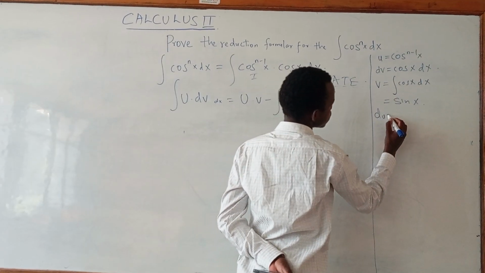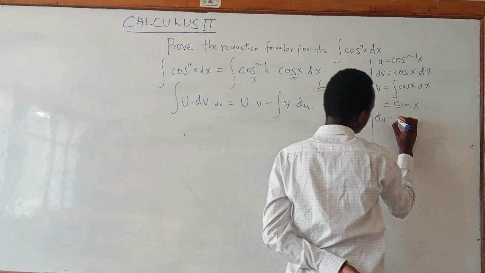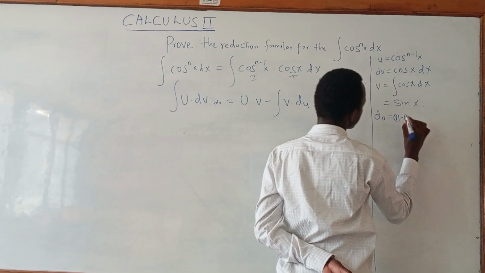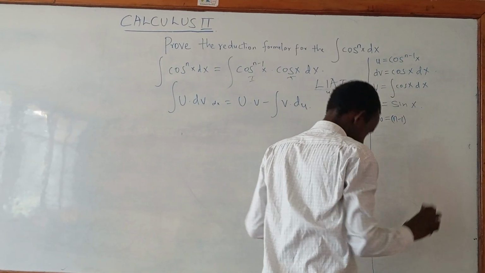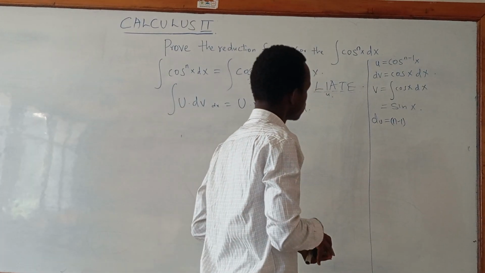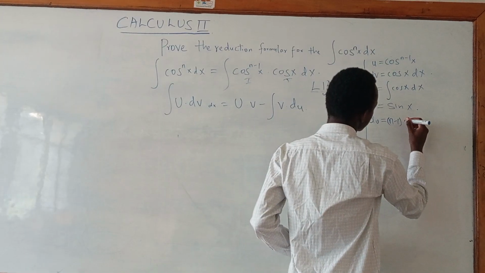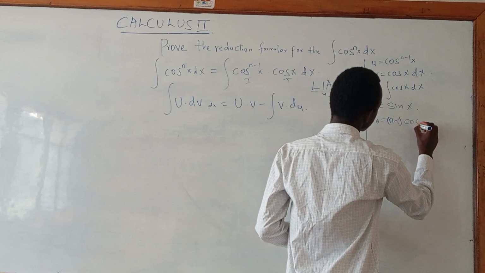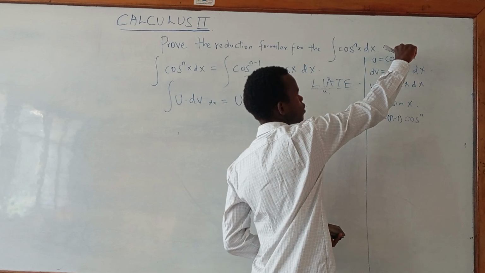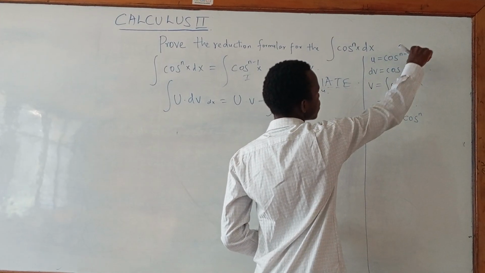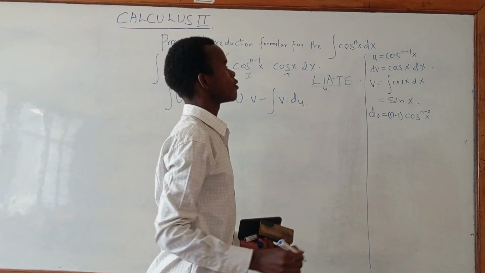Using the general power rule, we multiply the power in front, giving n minus 1 multiplied by the function itself, cos to the n minus 1. Then we subtract 1 from the power, so it is n minus 1 minus 1, which is n minus 2 of x, multiplied by the derivative of the inside.